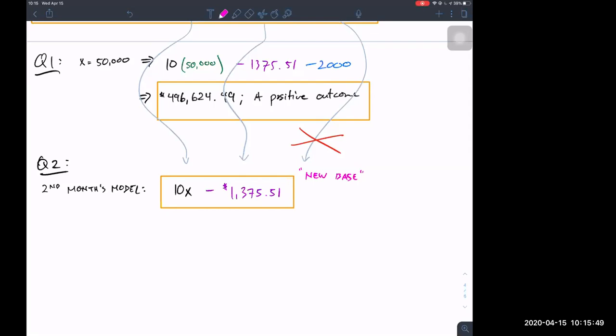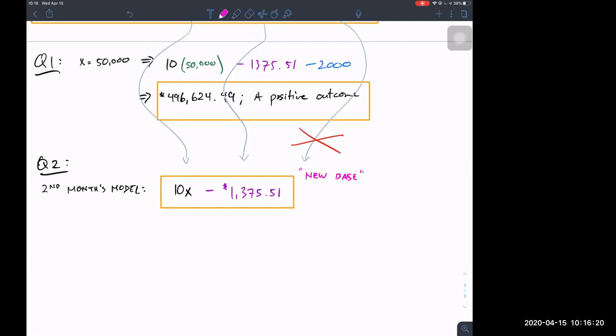Okay, so there's that. And now for the third bullet, it says you made a lot of profit in the first 2 months, right? You made nearly $500,000. Wow, that's a lot of money from ticket sales. And now you have a second month, and we didn't say how many tickets were sold, but whatever you sold, you have a $2,000 expense you no longer have to worry about.